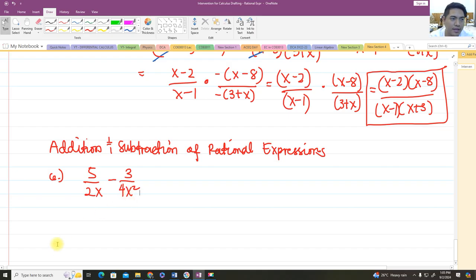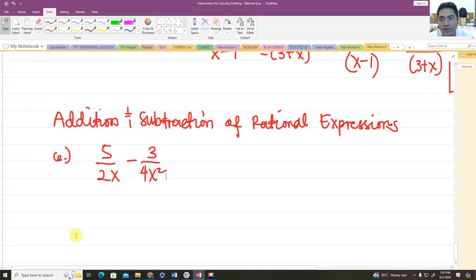Now the goal in addition and subtraction is to find the LCD. The LCD is the very least number or expression that the two denominators will meet. So you have 5 all over 2x minus 3 all over 4x squared. The LCD is where they will meet.